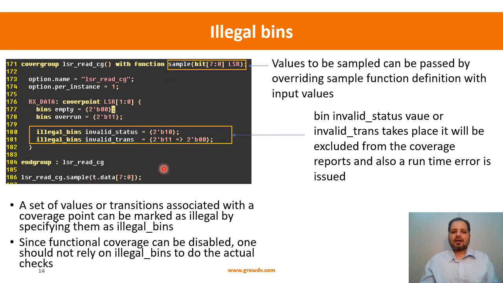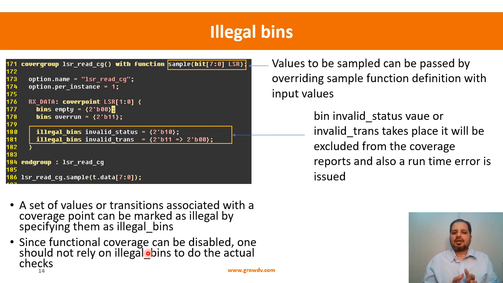Generally, the recommendation is not to rely on illegal bins for doing checks. You can have additional checks in your test bench, in your checker, to catch these values, and not rely only on cover group. That's because typically in projects you don't run the tests with functional coverage enabled all the time. Remember, there are two types of regressions we run.